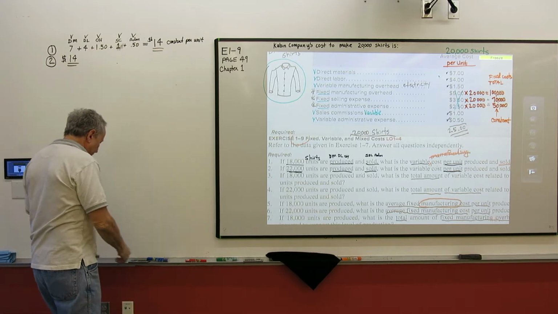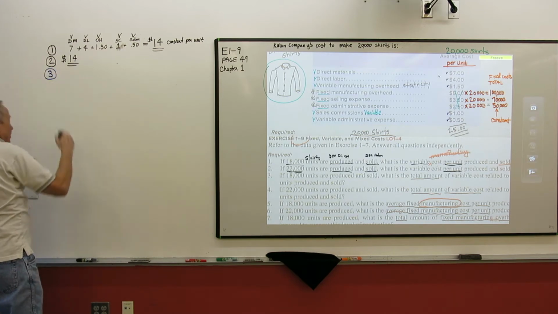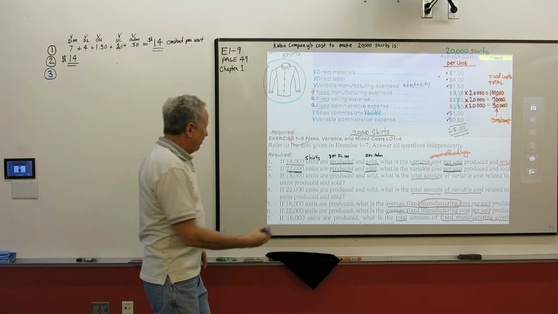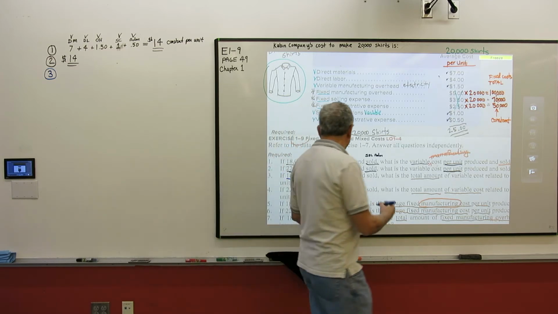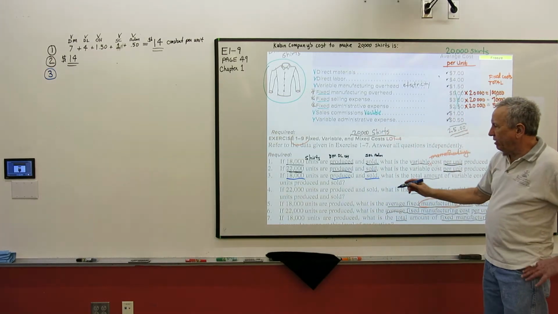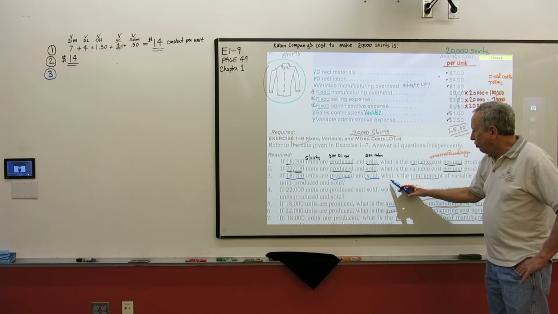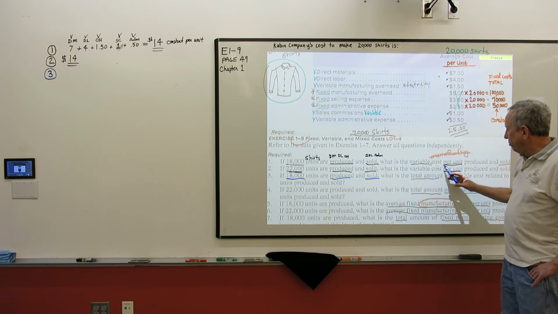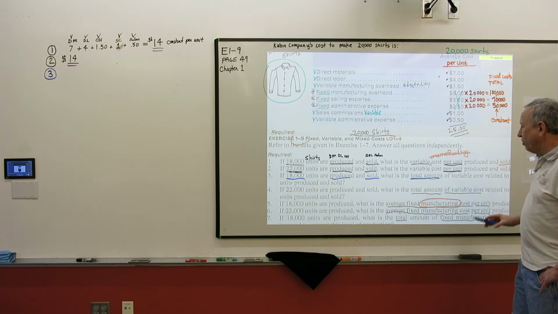All right, let's do 3. If 18,000 units are produced and sold, the language is exactly the same. They're just seeing if you know how to handle volume, if you understand the costs. But look at the change in language: we're going from per unit to a total variable cost.